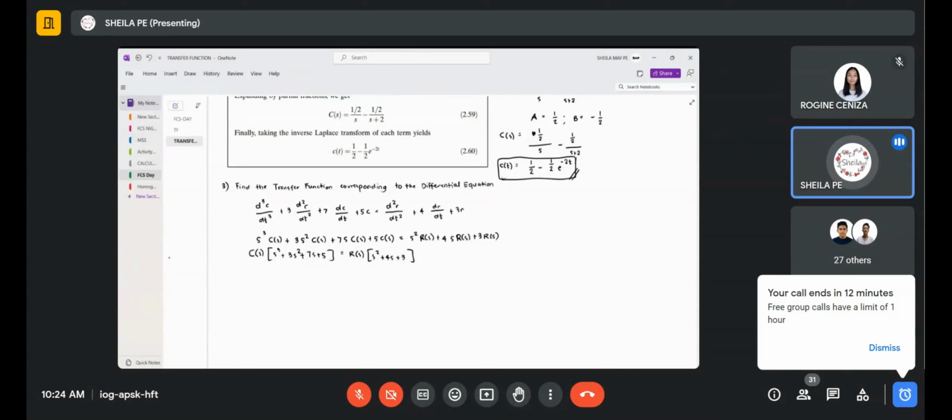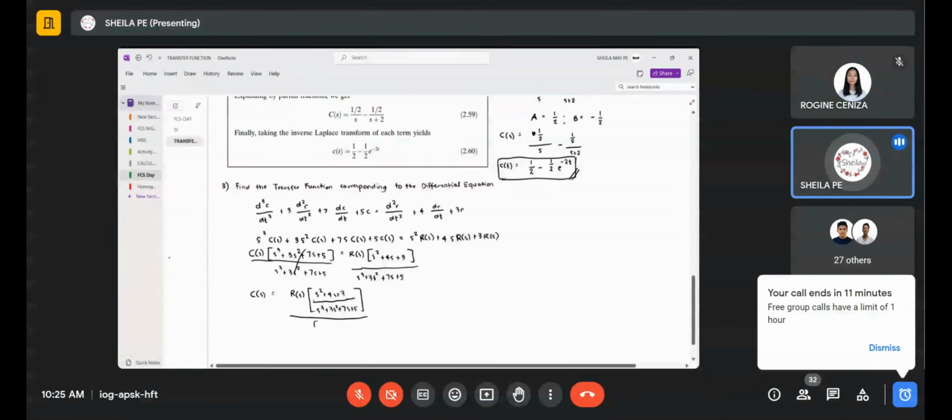Now dividing both sides by s cubed plus 3s squared plus 7s plus 5, so C(s) remains, which is R(s) times s squared plus 4s plus 3 over s cubed plus 3s squared plus 7s plus 5. Now we divide both sides by R(s).